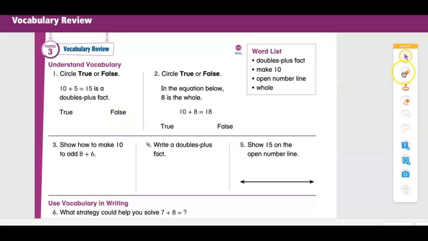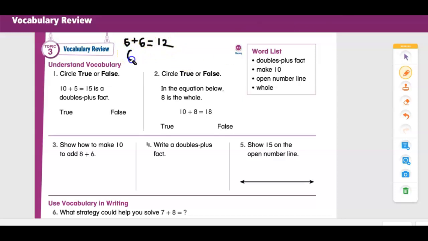What do we think? I'll write it at the top. Using the doubles fact 6 plus 6, I know that is 12.